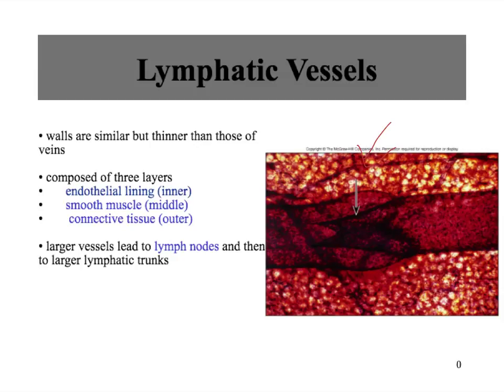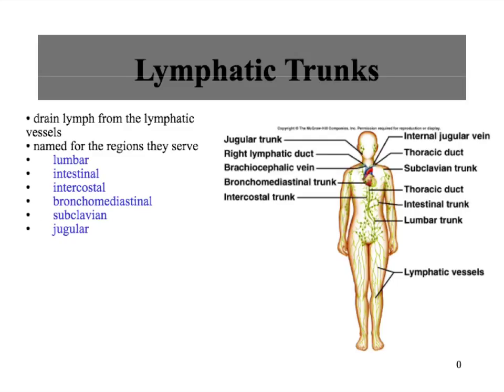Because the pressure is so low, there really is no hydrostatic pressure moving fluid through these vessels, so it really relies on body movements and other factors to encourage positive flow of lymph, which is the name of the fluid, through these vessels.